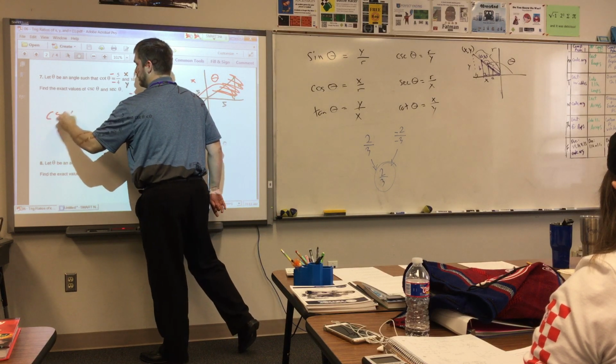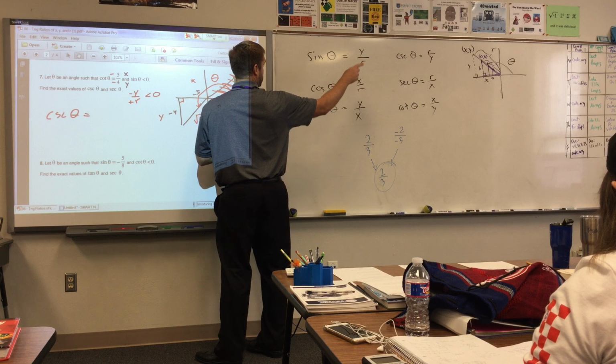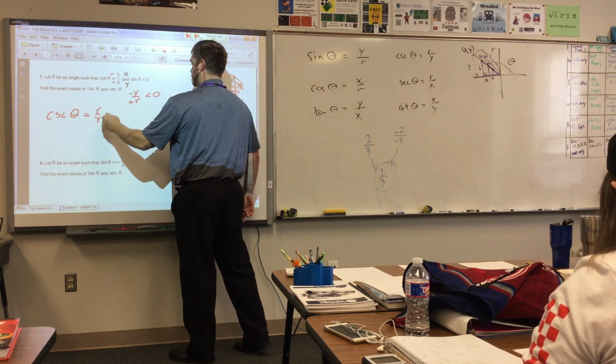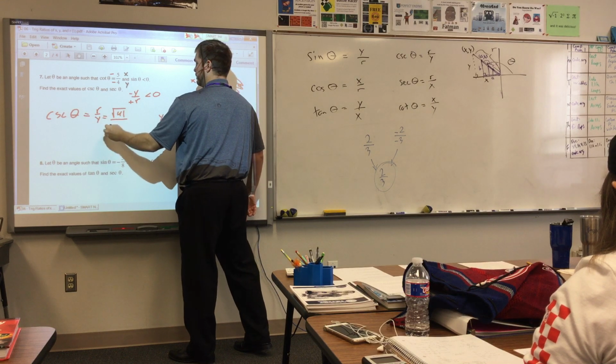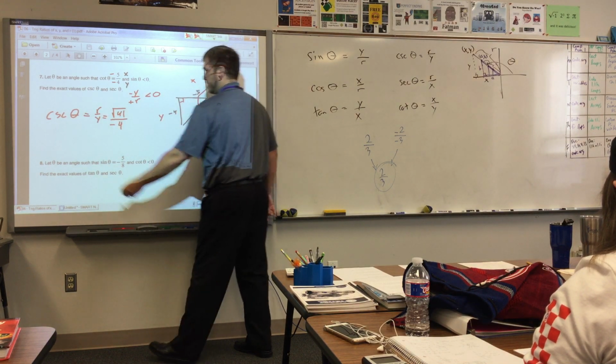So now we can say cosecant of theta equals r over y. So square root of 41 over negative 4.